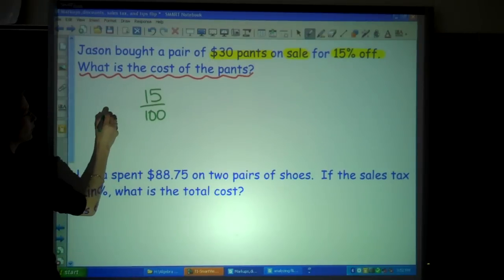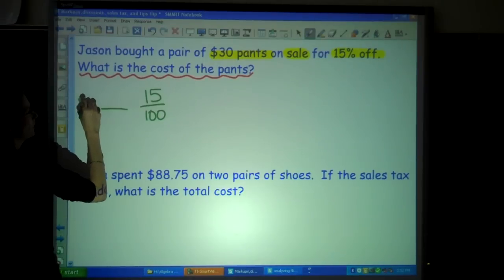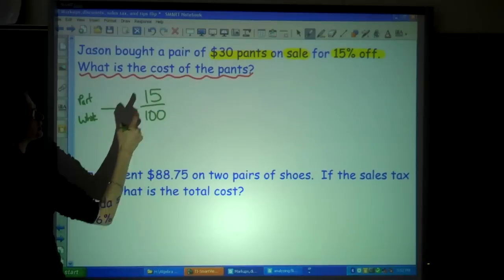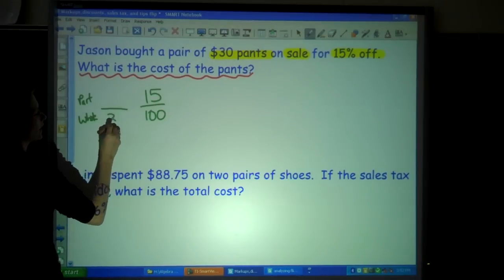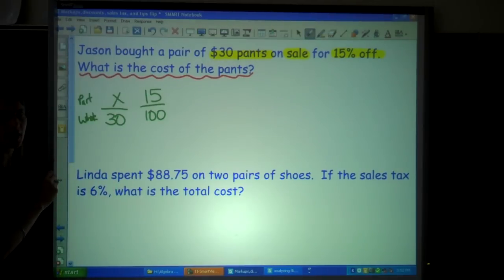And if you remember before, we've learned that it would be part over the whole. So the whole price of the jeans, the whole 100% is $30. I don't know what the 15% is, so I'm going to put an X on the top.